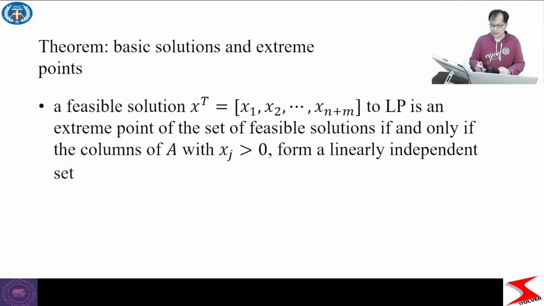Okay, so now we assume that the vector x is a feasible solution for the LP model, and what we want to prove is that x is an extreme point of the feasible set if and only if all the x_j larger than 0 correspond to columns forming a linear independent set.